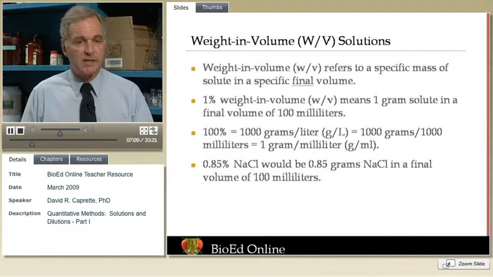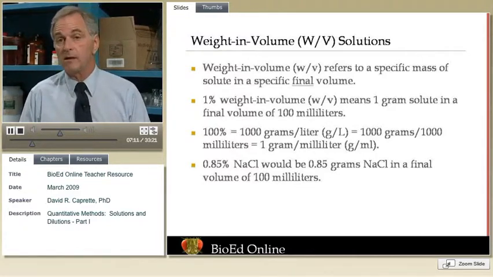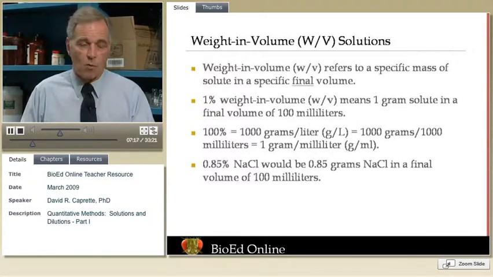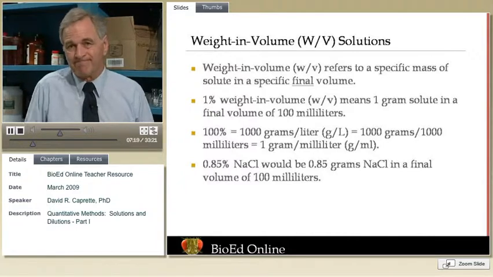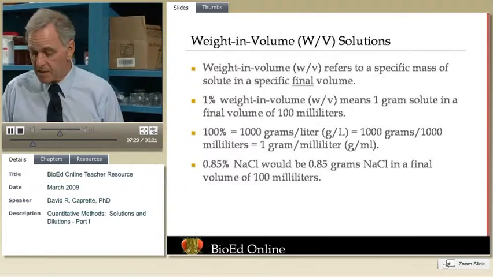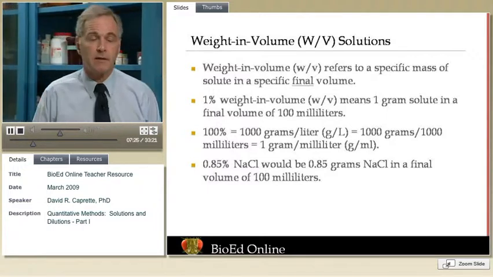So 1% is 1 gram per 100 milliliters. 100 milliliters is 100 grams of pure water, and 1 gram is 1% of 100 grams. It's a little trick, a little means of trying to remember the formula.